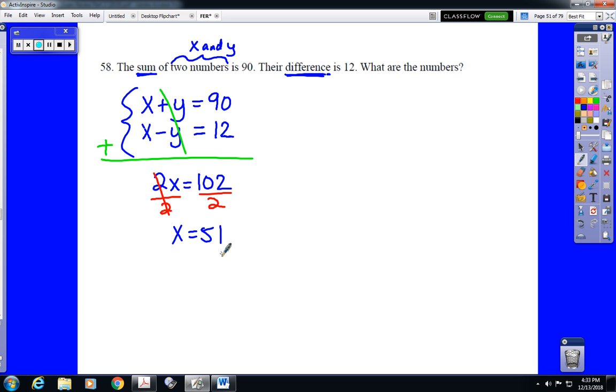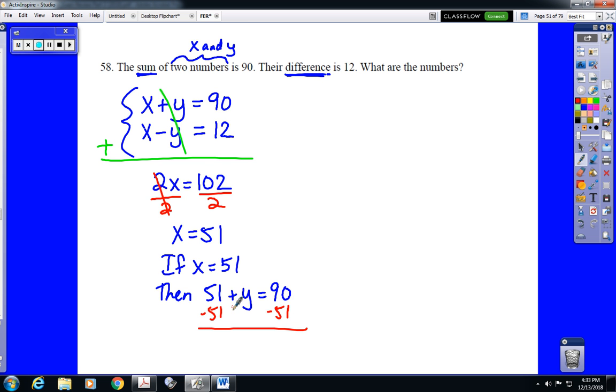If x is 51, then 51 plus y is 90, because I can plug that right into the first equation for x. Subtract 51 from each side. And we get y equals 39.